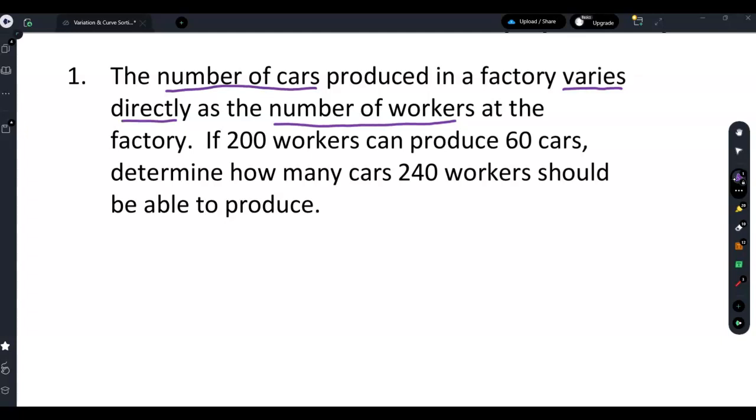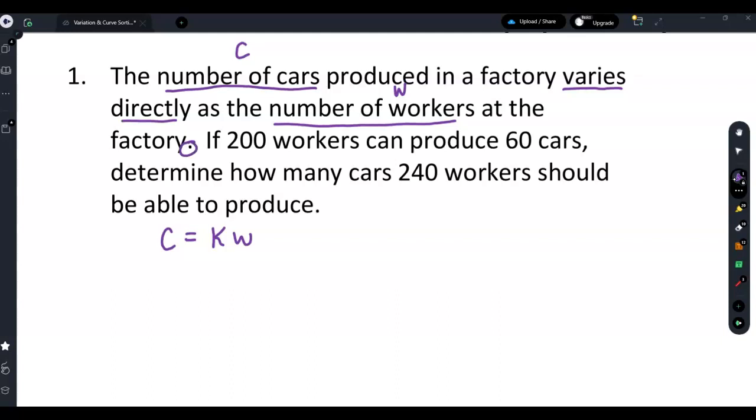So instead of saying cars is A and workers is B, it might make sense to use C for cars and W for workers. So in this case, if C varies directly as W, then I would write C equals K times W. So just from that first sentence, I was able to get that information.